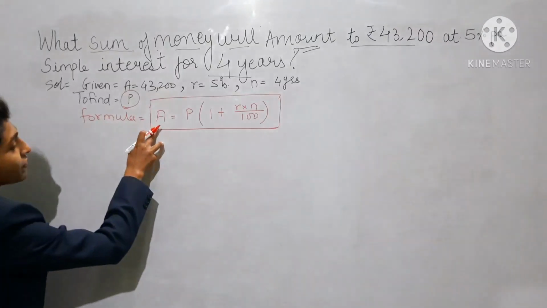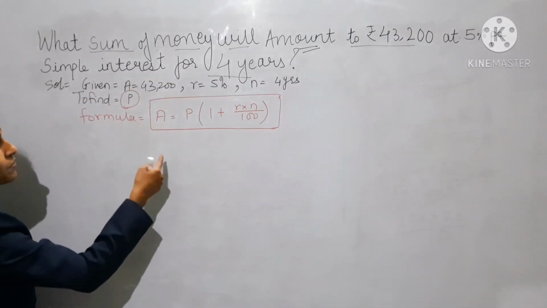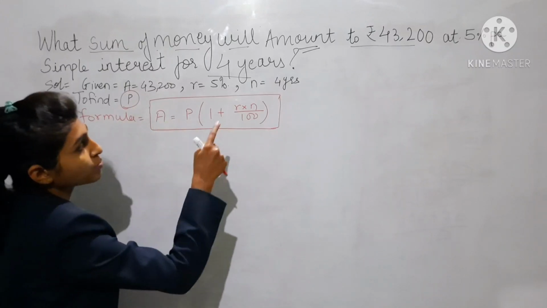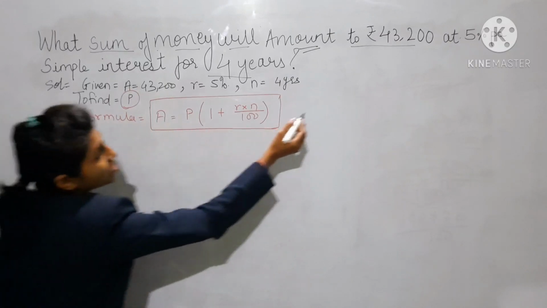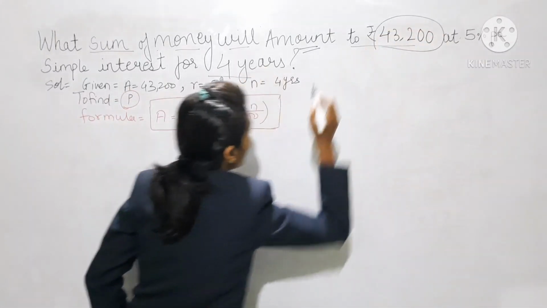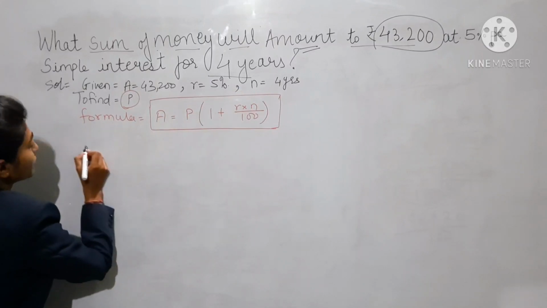Now I have written the formula on the board. Next I will put the values as per the formula. A is 43,200.